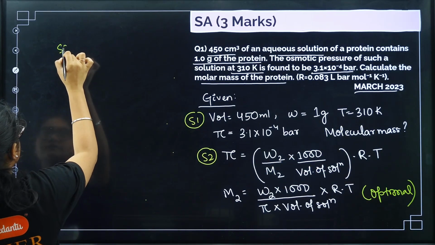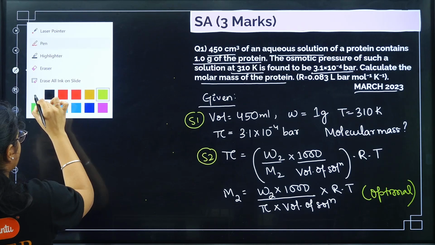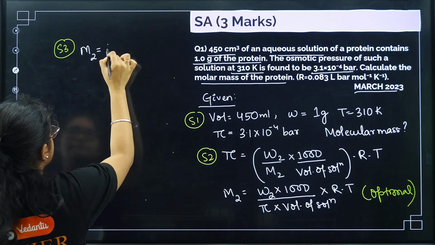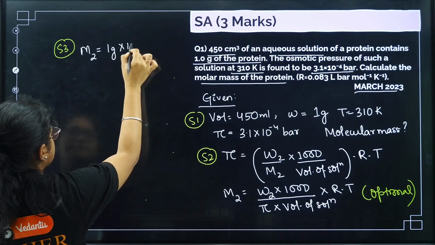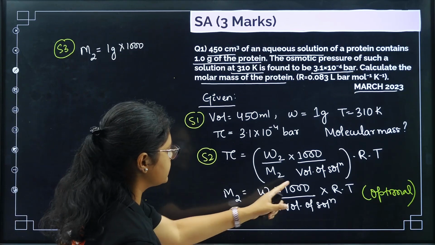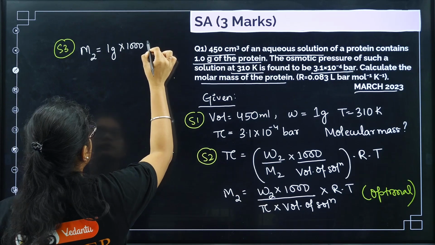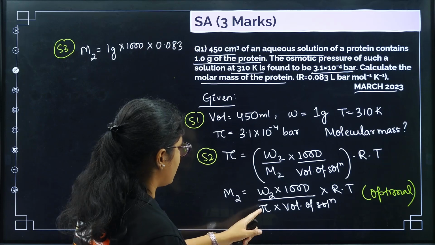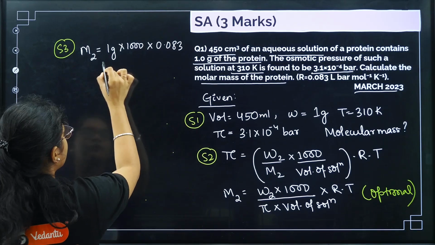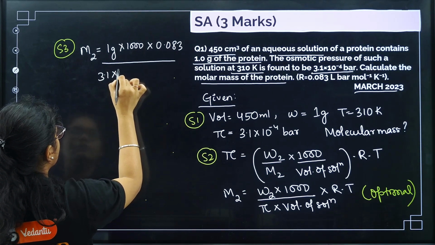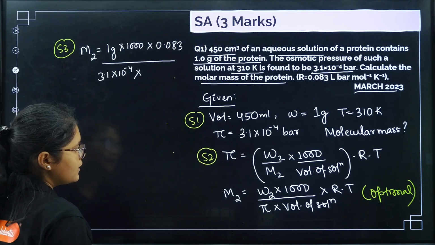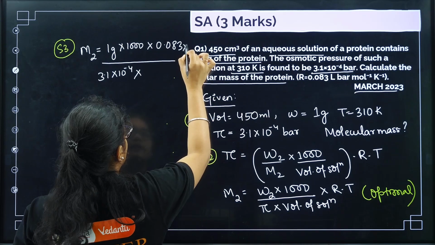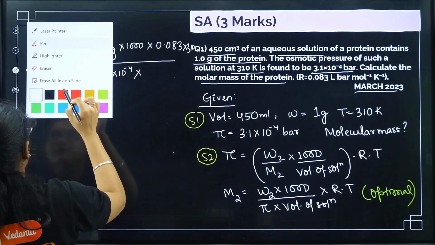Now step 3 is substitution of the values. So I can write M2 is equal to W2, which is 1 gram. Always write with units, that will be very good for you. Then 1000, R value is 0.083, pi value is 3.1 into 10 to the power of minus 4, and the temperature is 310. Let me write it a little more clearly.